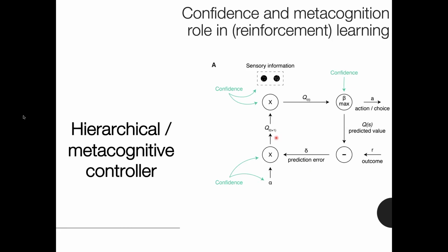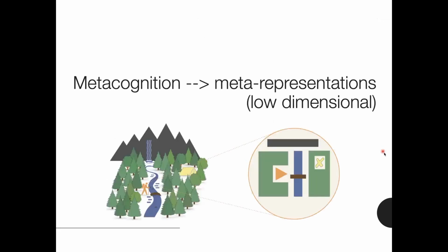And to me the most speculative part of it is that metacognition, and in a way by extension also consciousness, one of their clear roles in terms of adaptive behavior could be to generate those meta representations.